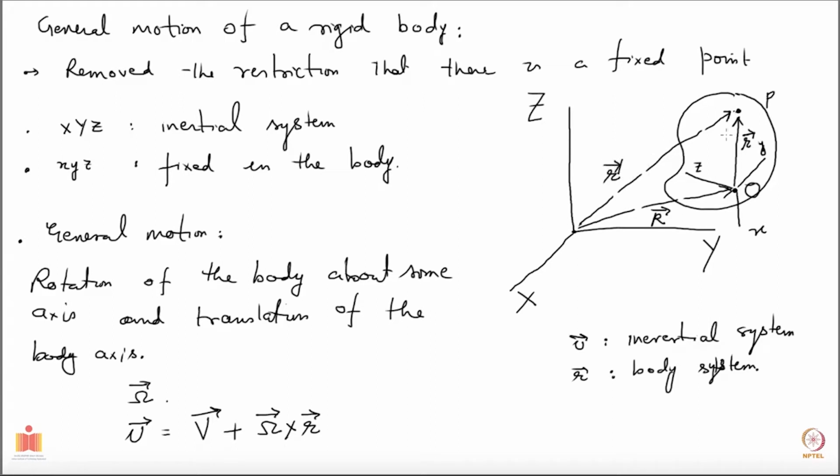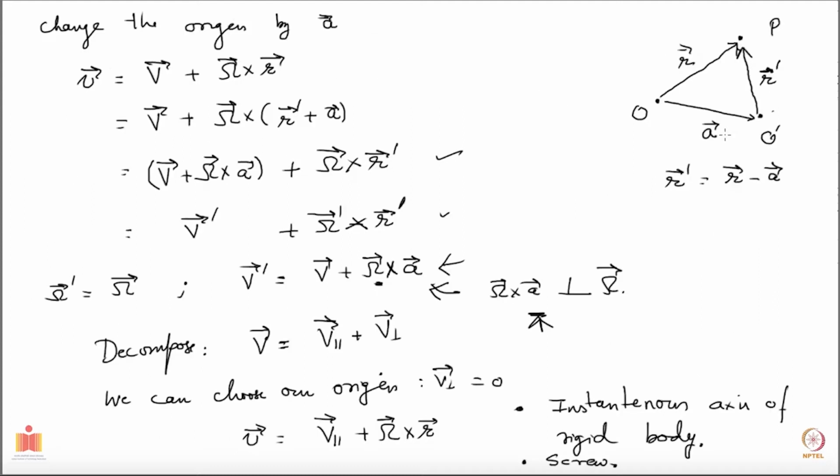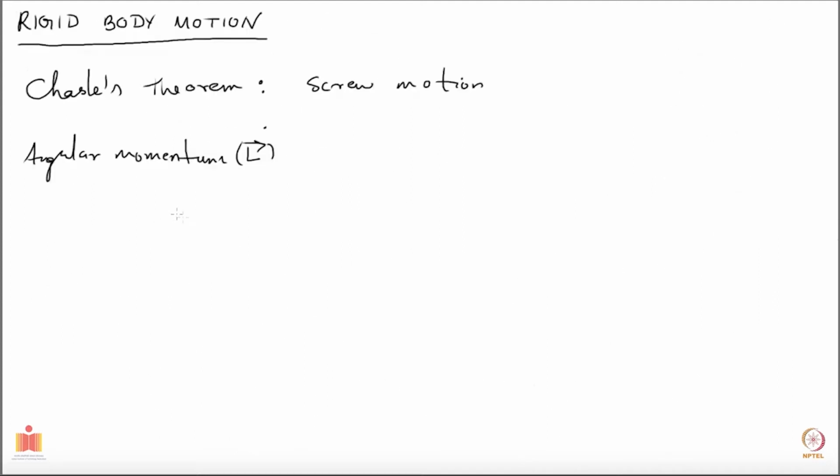If I'm looking at the angular momentum, then L is r prime cross p, and p is m times v, and I should sum over all the particles. I could use a label i here and here and here, running over all the particles.